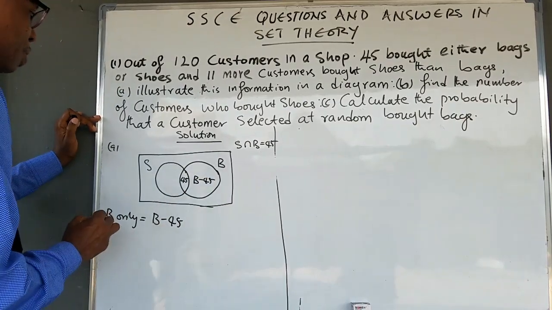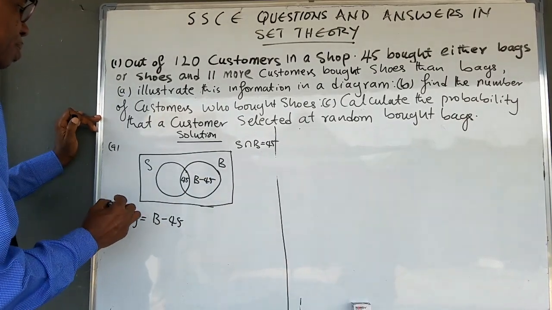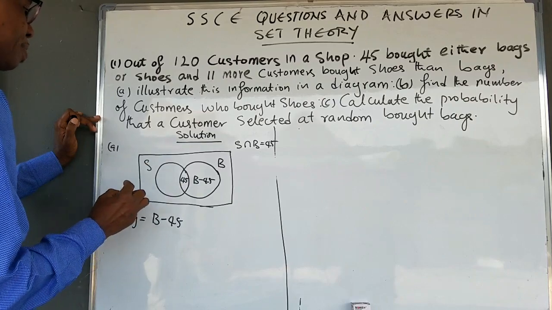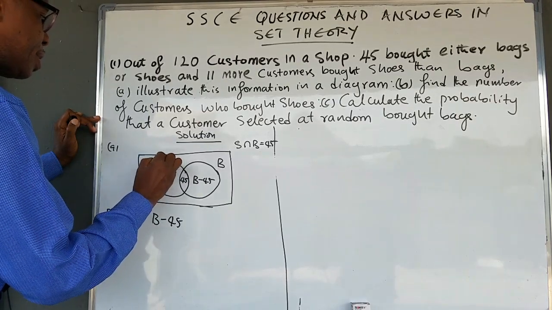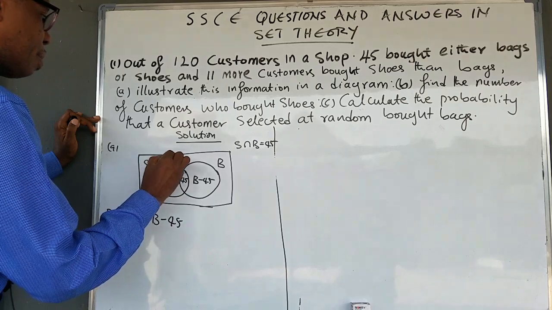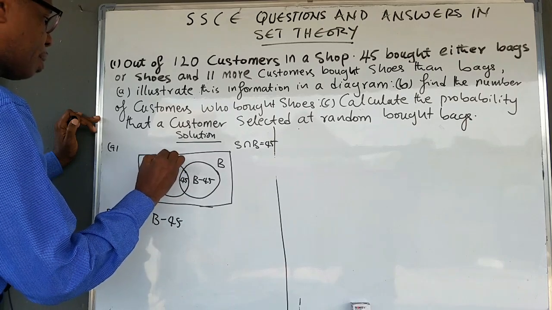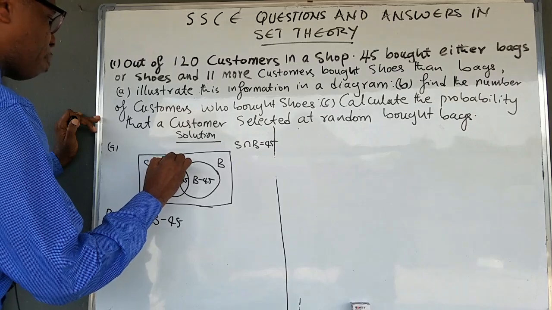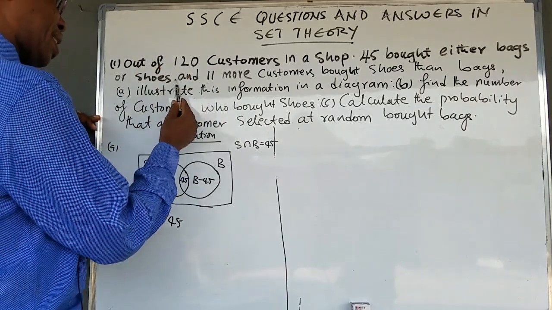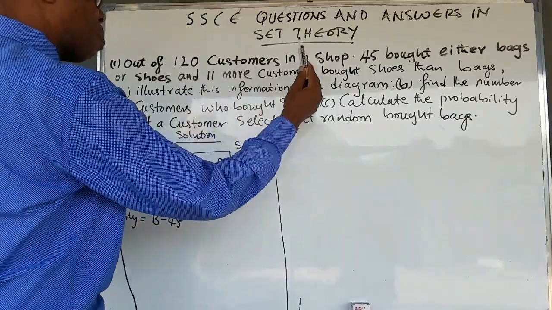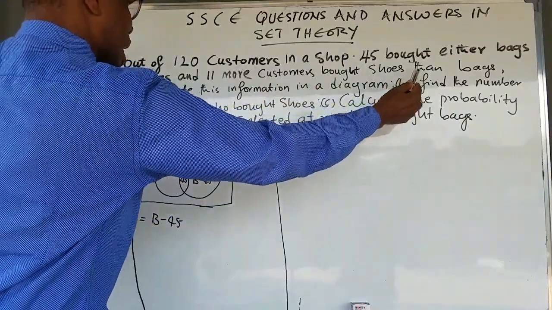Those that bought only shoe is going to be, let me put it here, B plus 11. You say, sir, what do you mean by plus 11? Because they said that 11 more customers bought shoes than bags.